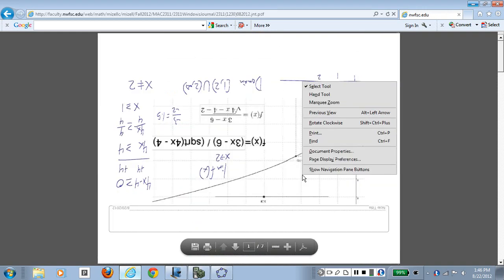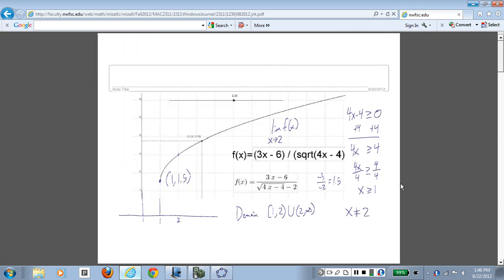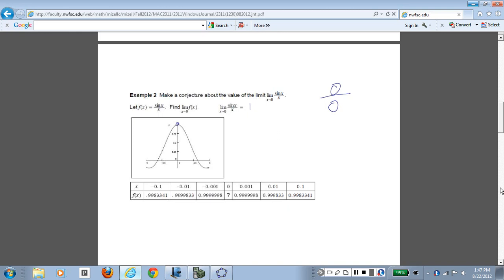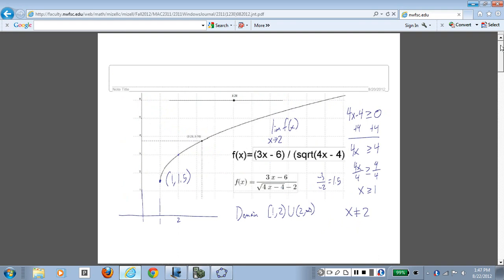Yeah, that was the example we started class with last time, example 1 right there.